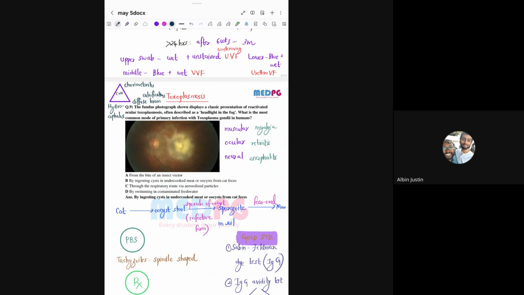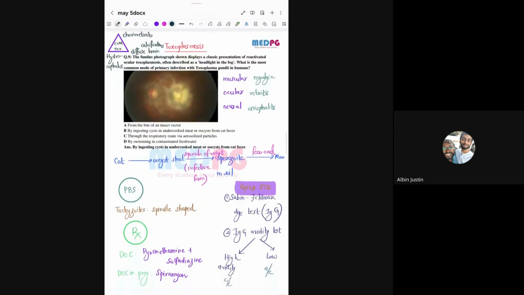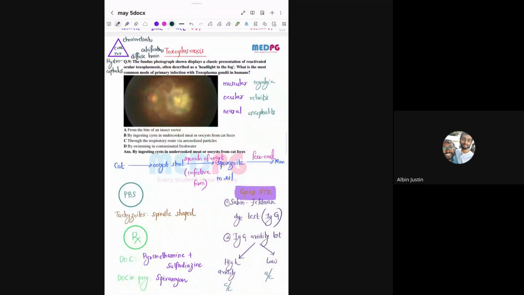This is congenital toxo. Children, is this clear? Others?